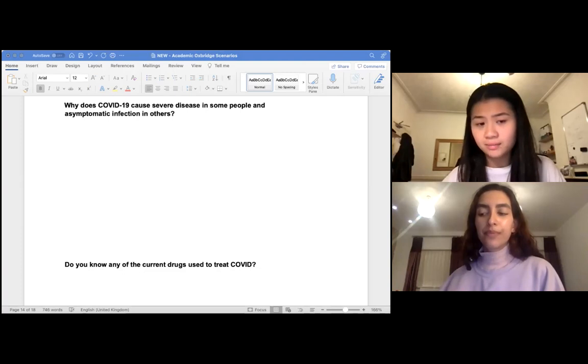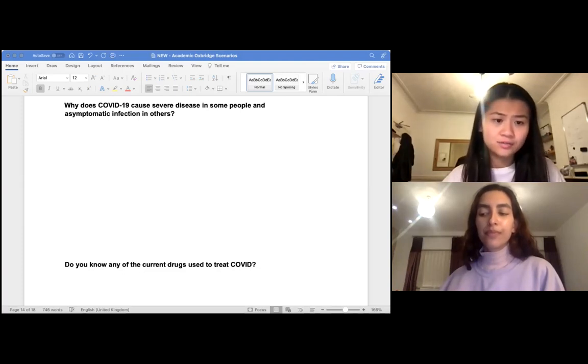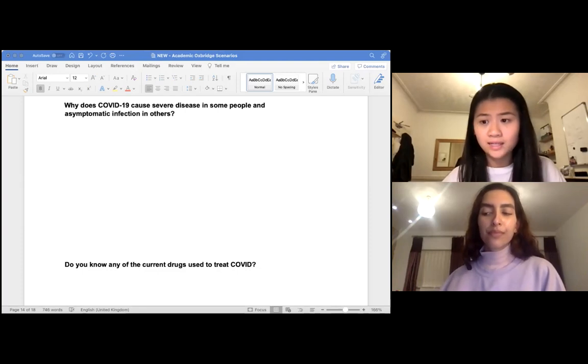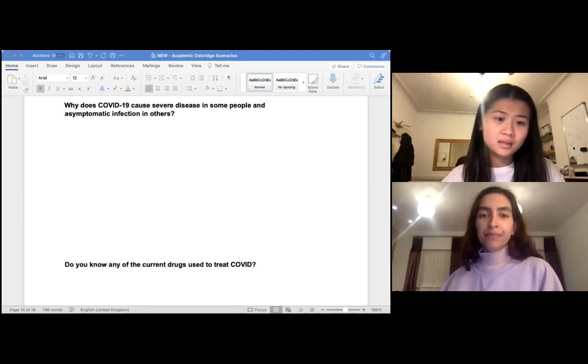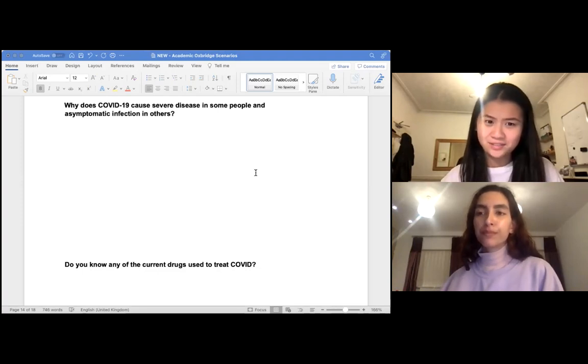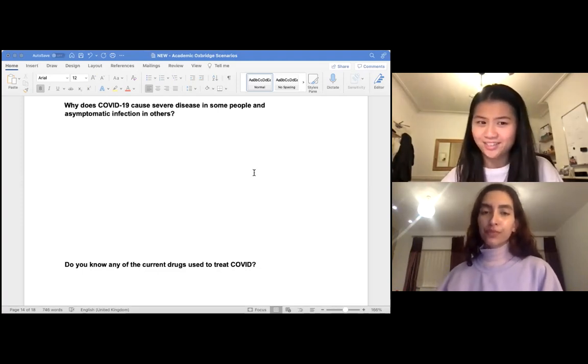And then I think more recently there have been trials of antibodies from some people who've recovered from COVID-19, and these are administered to people who currently have this severe infection so that they're able to get better. And I think I read about some kind of trial about vitamin D, but I'm not too sure about that one. Okay.